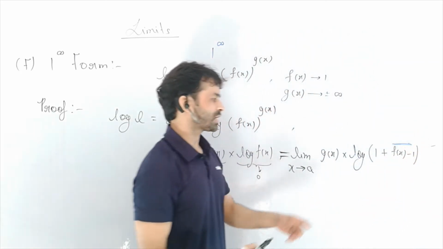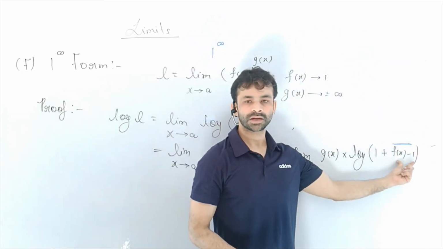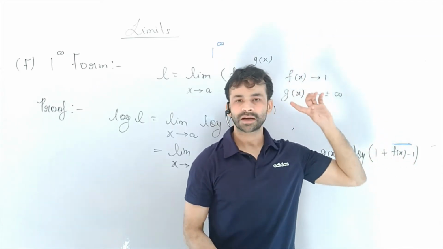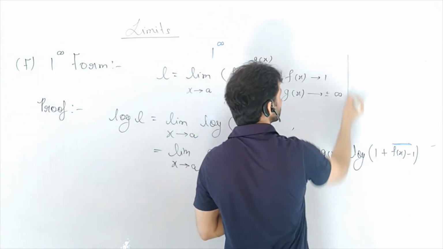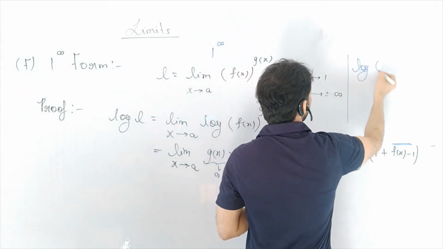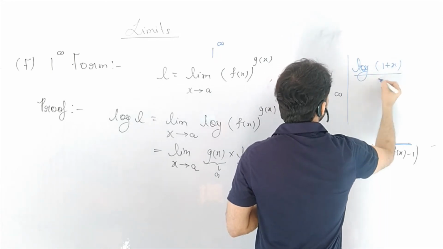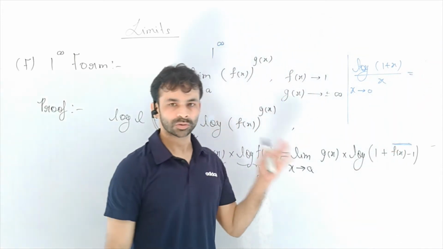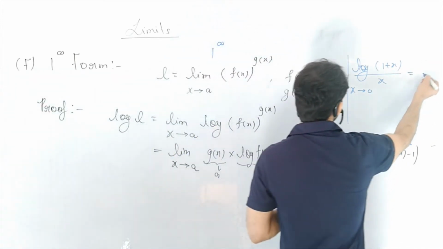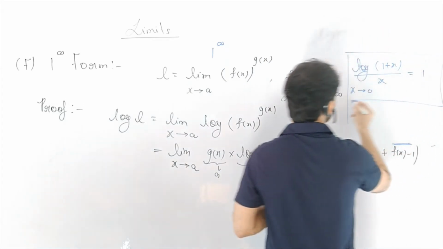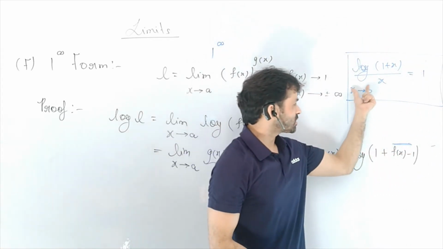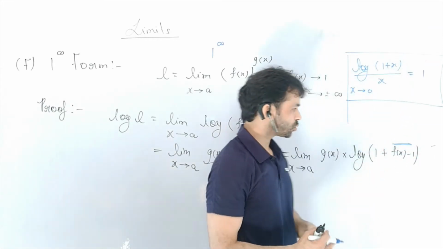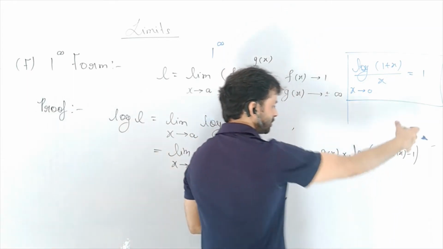Because fx is tending to 1, so fx minus 1 will tend to 0, right? And we have that result. Which result am I talking about? We have the result: limit of log 1 plus x by x, x tending to 0, is 1. We have this result in mind. So in place of x, you have this fx minus 1, which is tending to 0, quite like this result. So what you have to do is divide and multiply.